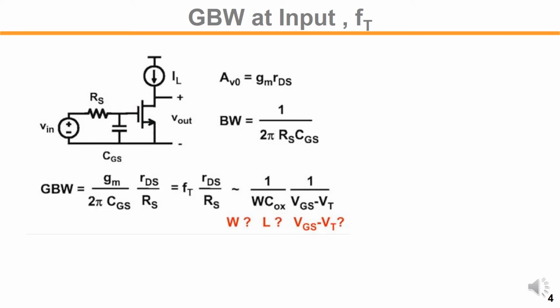In the previous example, we only considered the pole at the output side, but in reality, there's also a pole at the input. For any driver, we assume the Thevenin equivalent circuit here, so you will have a finite source impedance RS. And we have an input capacitance CGS, shown here.